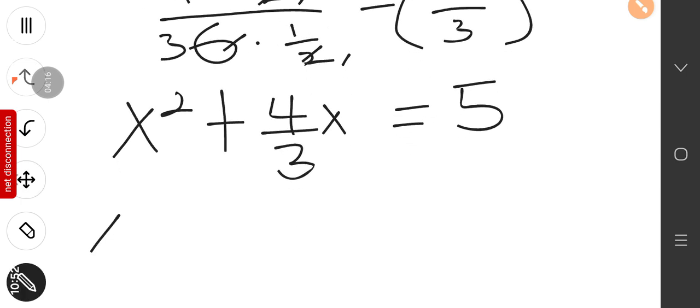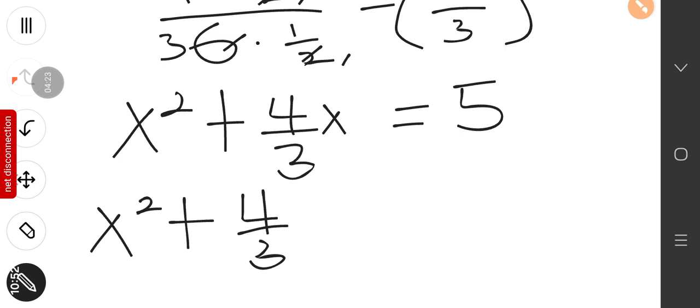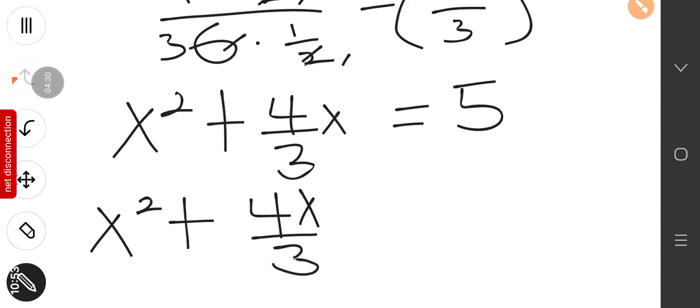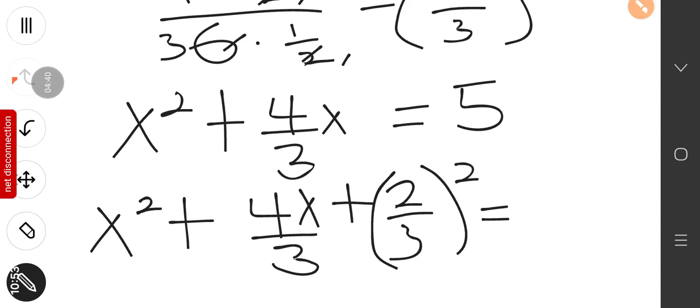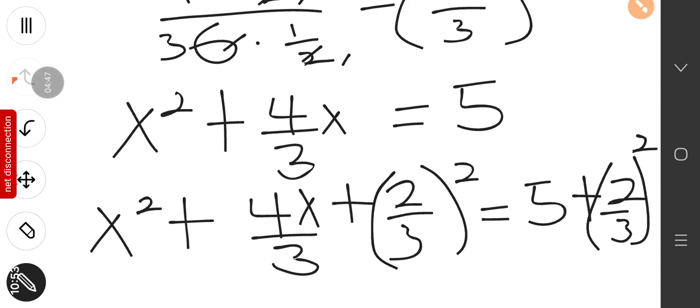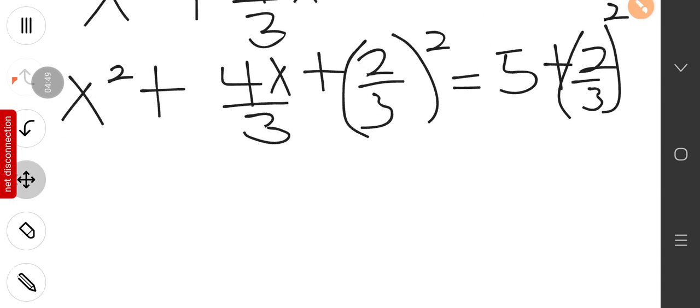So you're going to have x squared plus 4 over 3x plus 2 over 3 squared equals 5 plus 2 over 3 squared. So this is what we have.